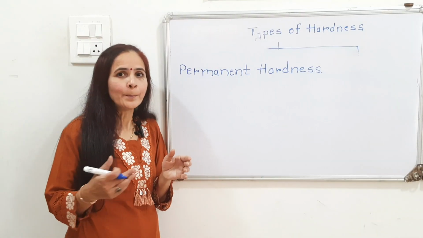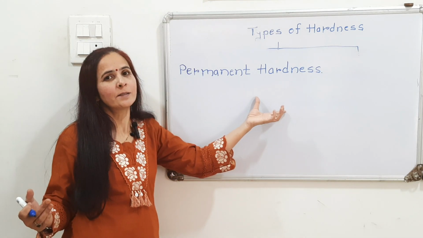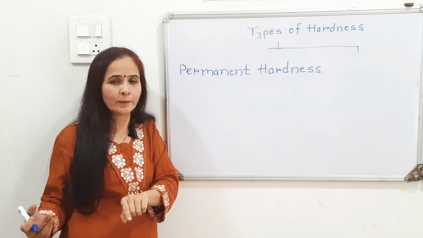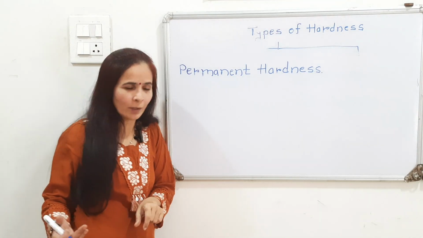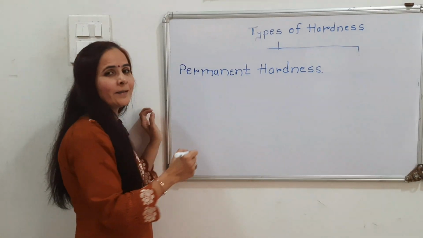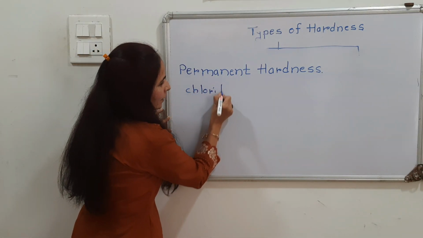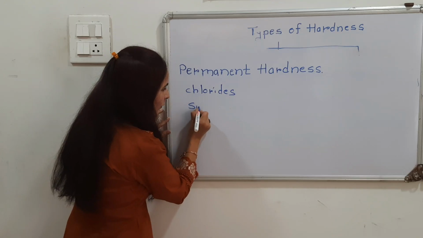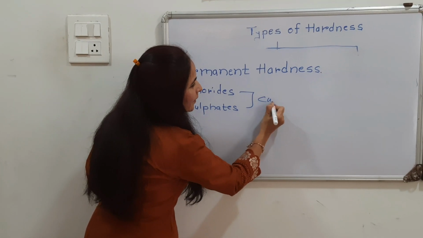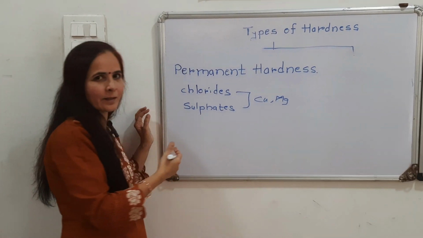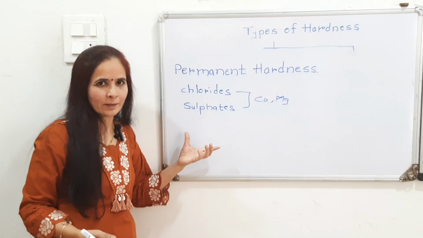We saw that temporary hardness is known as carbonate hardness, and permanent hardness is known as non-carbonate hardness, because this hardness is due to the presence of chlorides and sulfates of calcium and magnesium, and even nitrates are present within that.